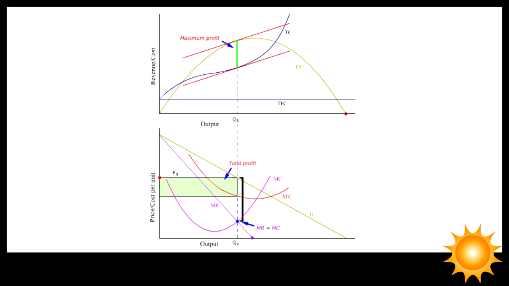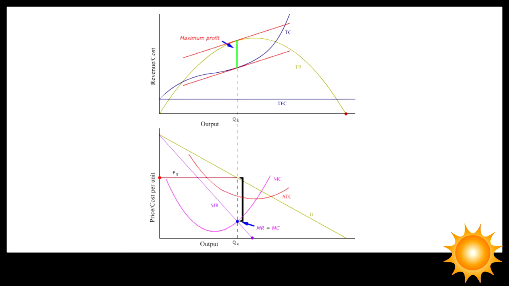If buyers are willing to pay more than the MC of producing Q pi, why not charge less and produce more? The firm could expand output from Q pi to Q2 and charge a price P2, which is equal to MC, but the profit would be smaller than when MR is equal to MC.